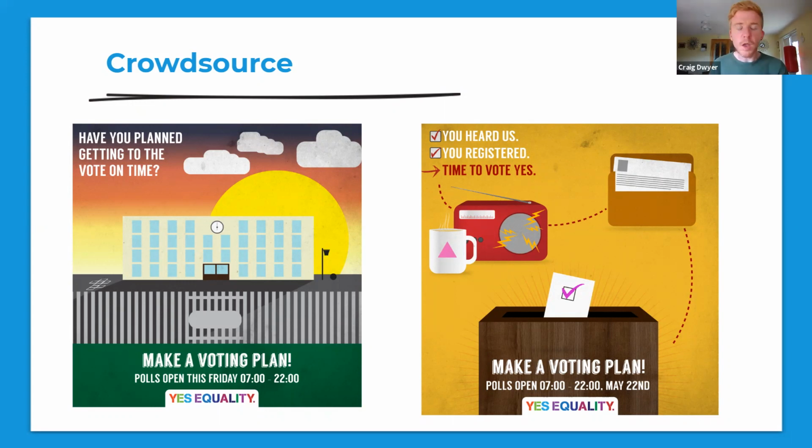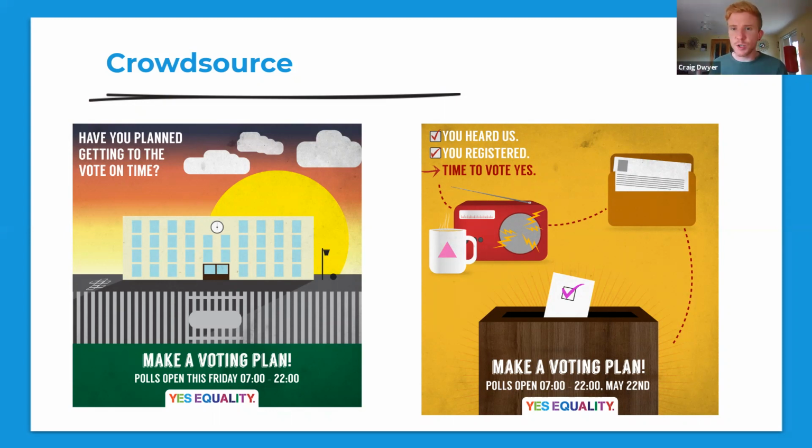So we were seeing a lot of goodwill during the campaign, with creative people sending us visuals that they had created. So we thought, okay, how can we use this, and in a way of giving back as well. When it came to the last few weeks of the campaign, our efforts completely shifted from trying to educate and inform to really mobilizing that vote and everything around getting the vote out.